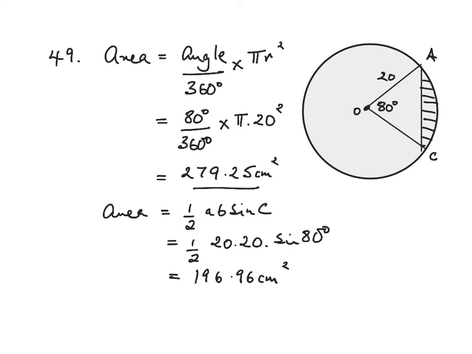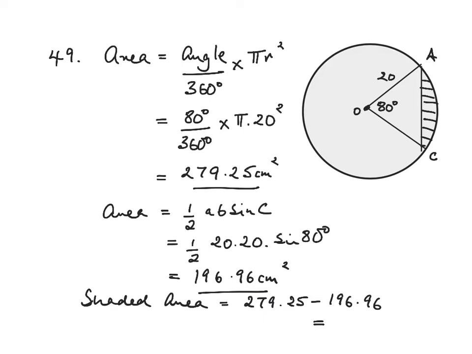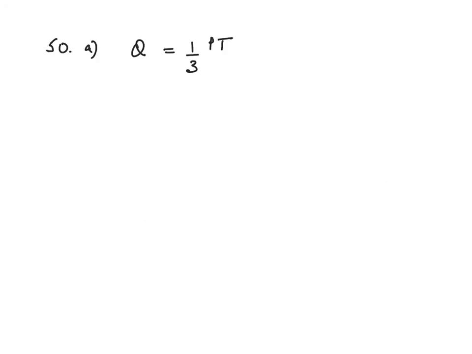The shaded area then is found by subtracting the smaller from the larger. That's 82.3 centimeters squared.